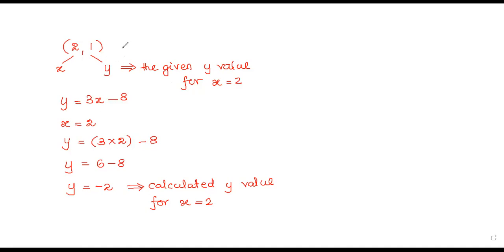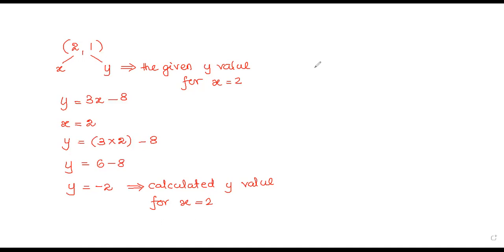It gives me -2. But the given y value is 1. So the calculated y value and the given y value are not equal. That means this point does not lie on the given line.